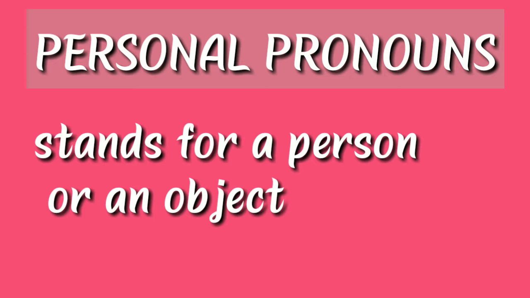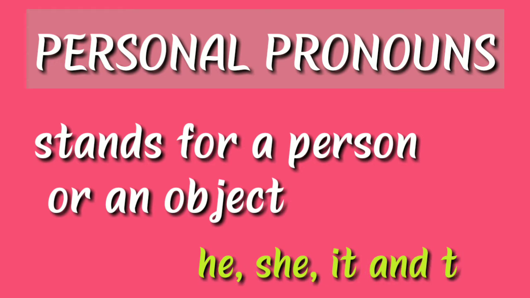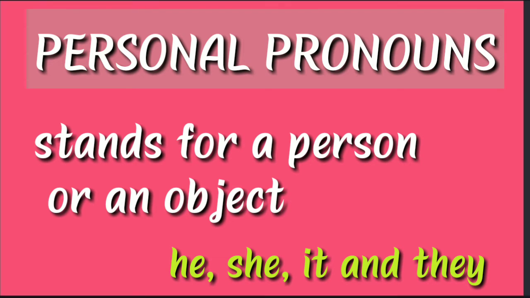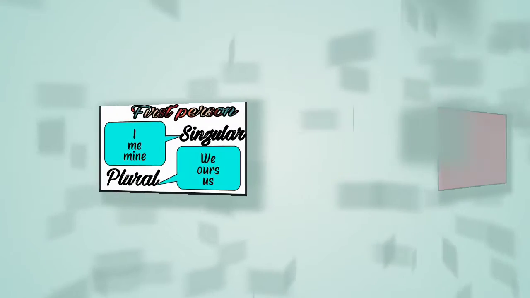The first one is personal pronoun, and a personal pronoun stands for a person or an object. Some examples of personal pronouns are he, she, it and they. And personal pronouns stand for three persons: first person, second person and third person.